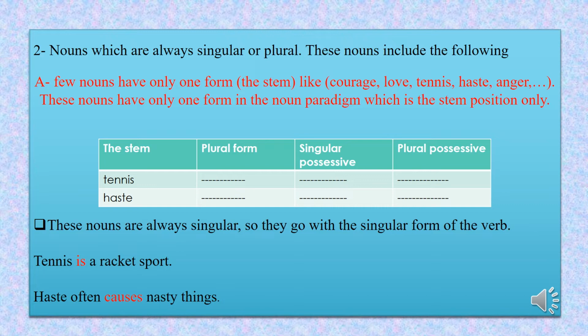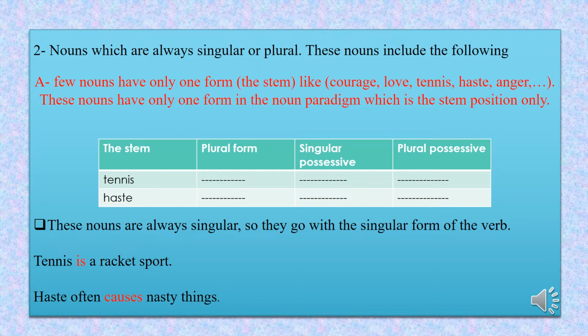These nouns have only the stem, because they do not have a plural form, and because they are inanimate, they do not have a singular possessive form or a plural possessive form. That is why in the noun paradigm, they have only 1 position, only the stem.